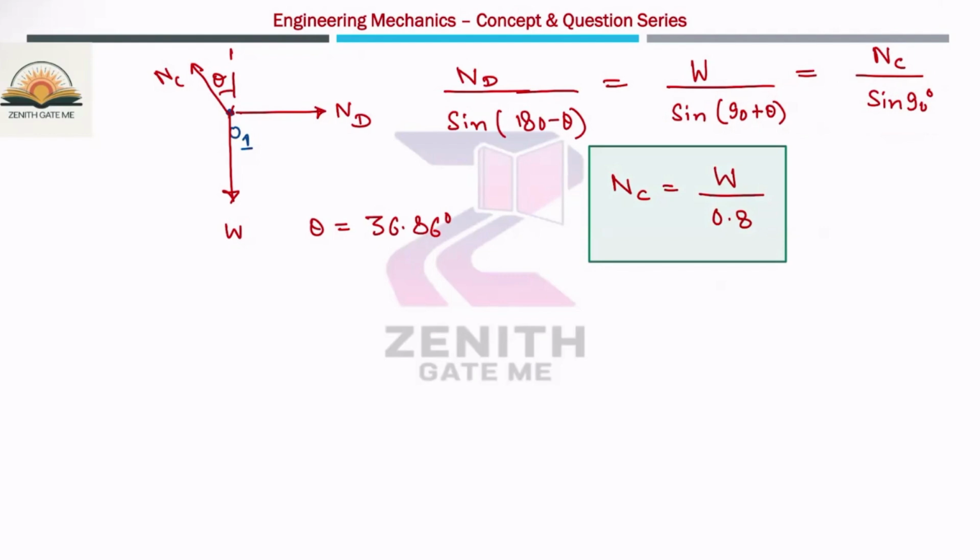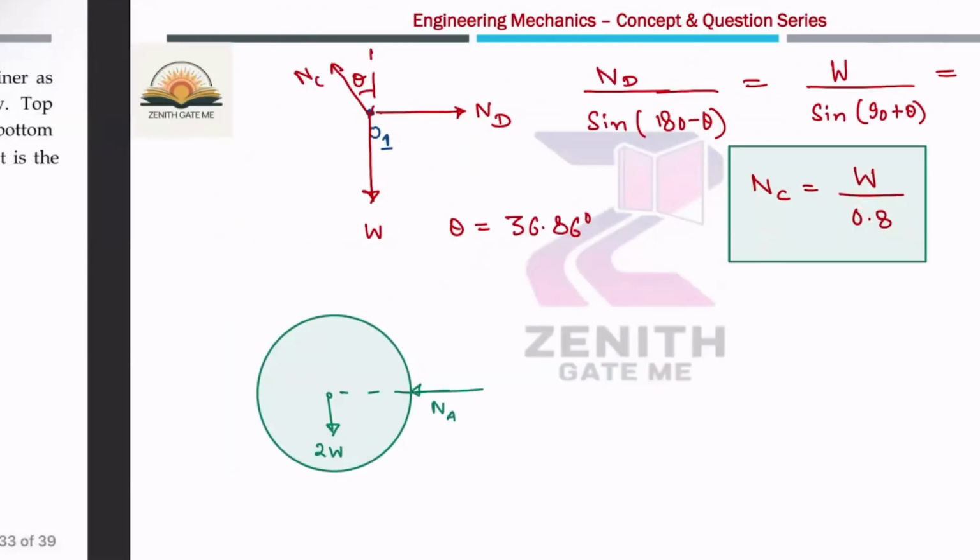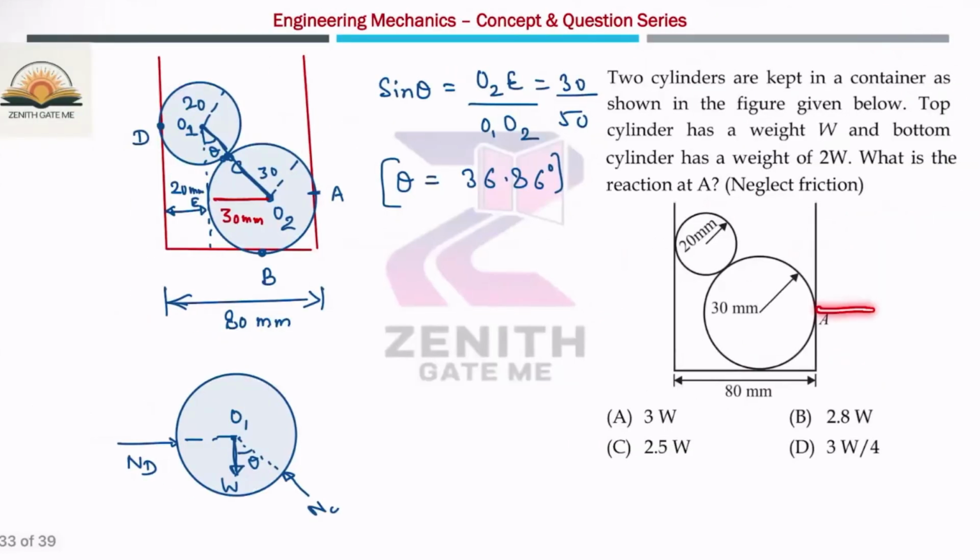Now you will apply the forces on this bottom cylinder. What are the forces acting? One force acting downward is the weight of this cylinder, 2W, and there will be one normal reaction NA. There is one more normal reaction at this point, and there is a contact force at this C point.